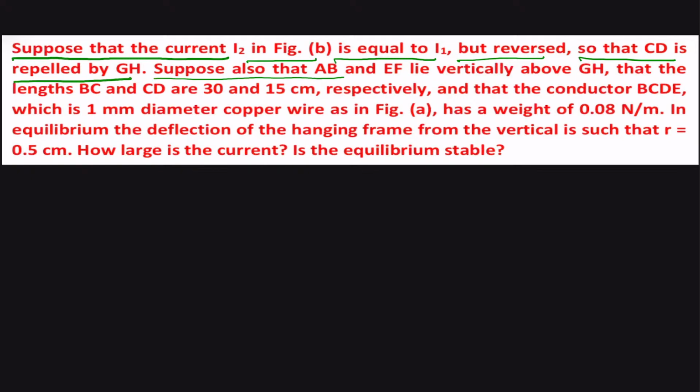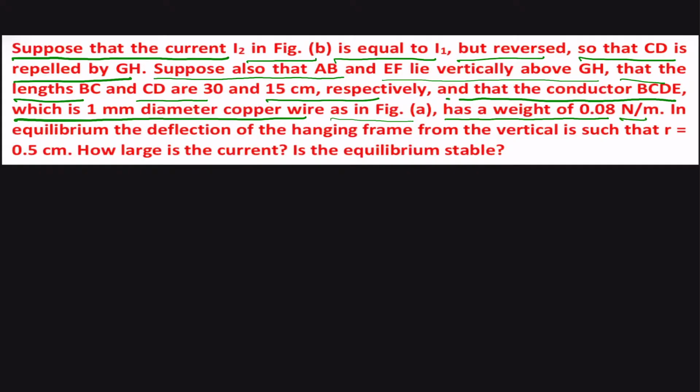Suppose also that AB and EF lie vertically above GH and that the lengths BC and CD are 30 and 15 centimeter respectively, and that conductor BCDE, which is 1 millimeter diameter copper wire, is as in figure A. Okay, later on I'll draw the figures, both A and B. It has a weight of 0.08 Newton per meter. In the equilibrium, the deflection of the hanging frame from the vertical is such that the R is 0.5 centimeter. How large is the current?